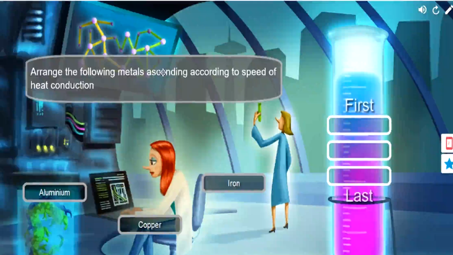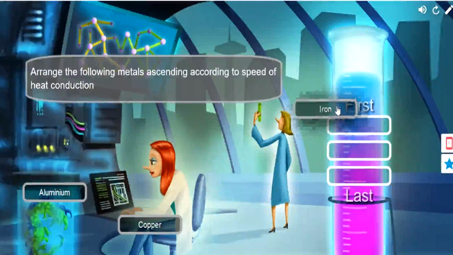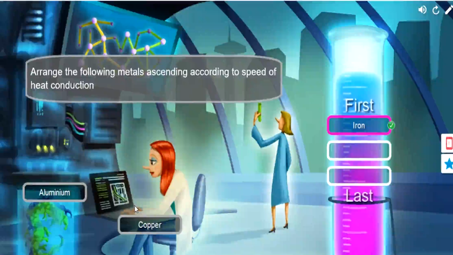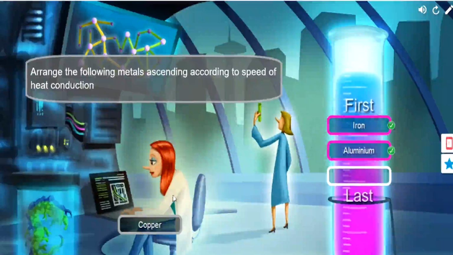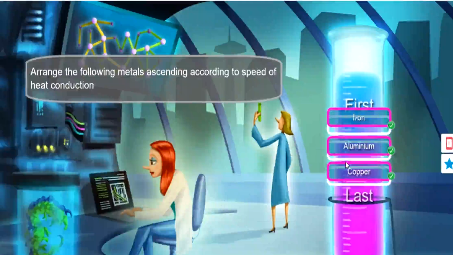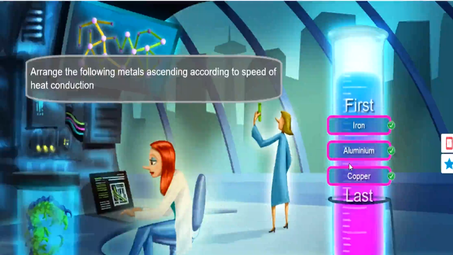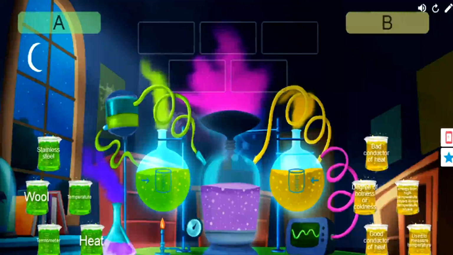Ascending. Iron? Yes. What's the next? Aluminum. And the last, copper. Very good.